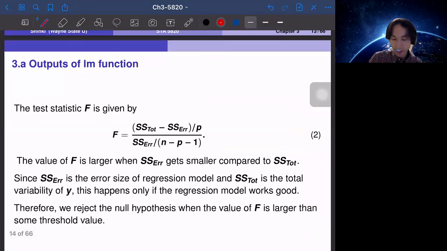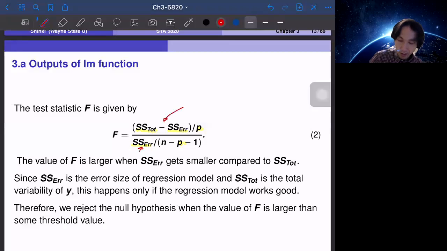And this test statistic F is given by this formula: SS total minus SS error over SS error. We have some adjustment term, but for now we ignore it. The denominator is the error size, the sum of squared errors.